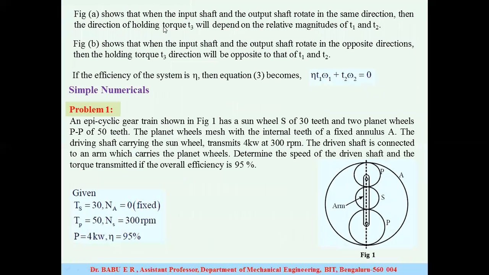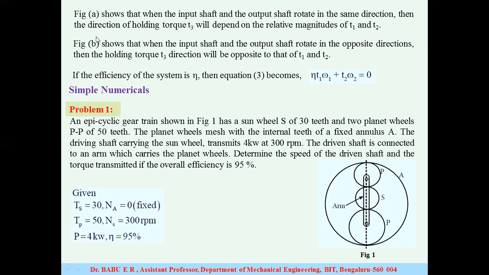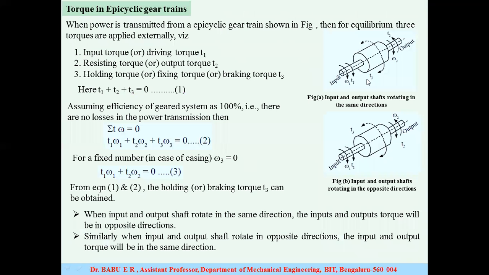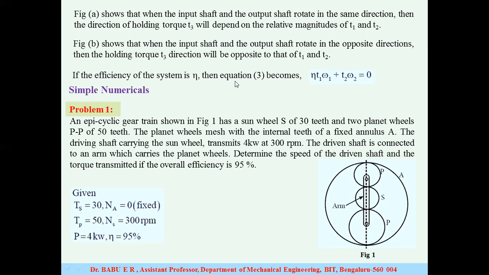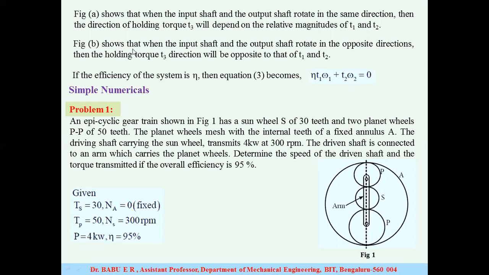Figure A shows the input and output shafts rotating in the same direction. Then the direction of the holding torque T3 always depends upon the relative magnitudes of T1 and T2.